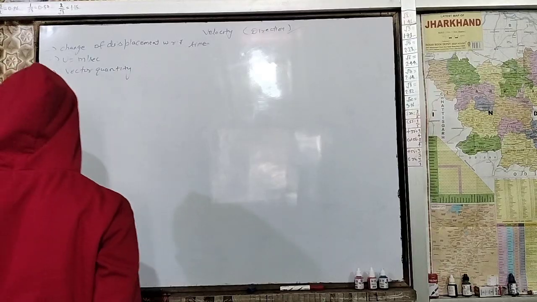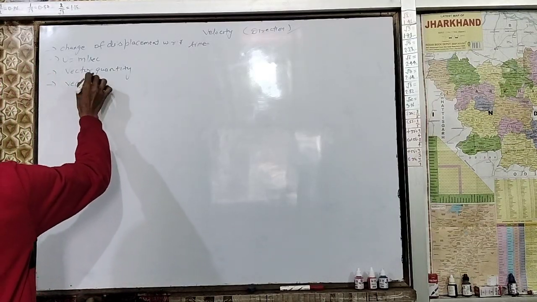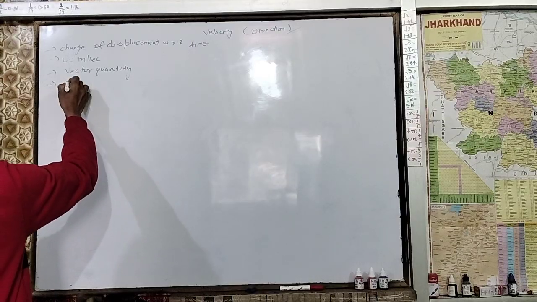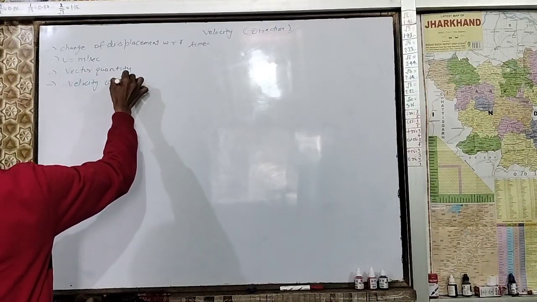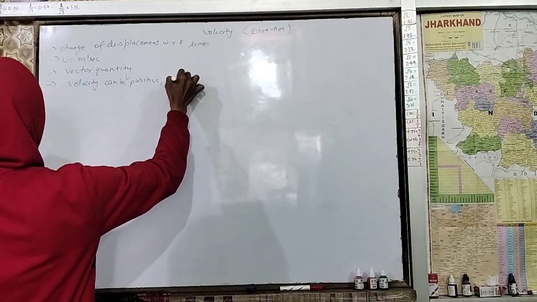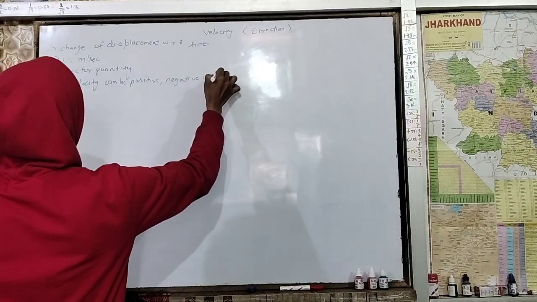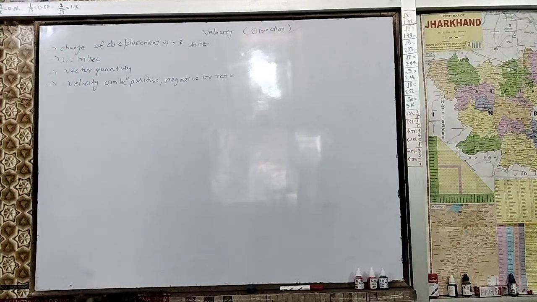Next thing, if this is a vector, we would say velocity can be positive, negative, or zero. Clear? It can be negative, positive, zero.